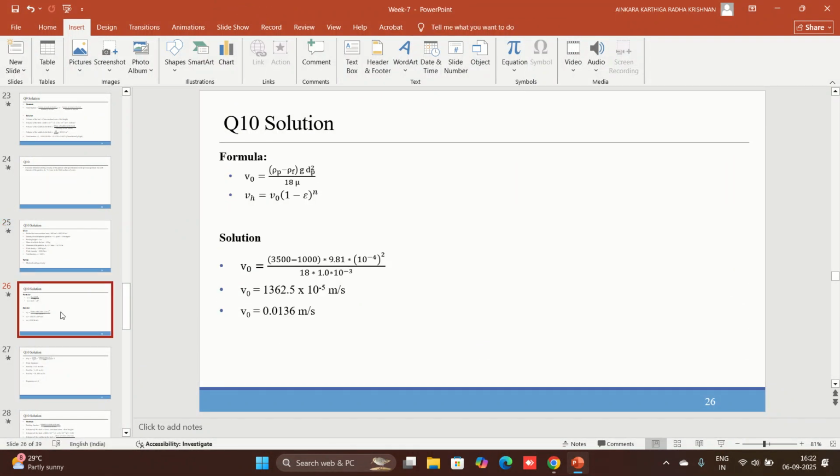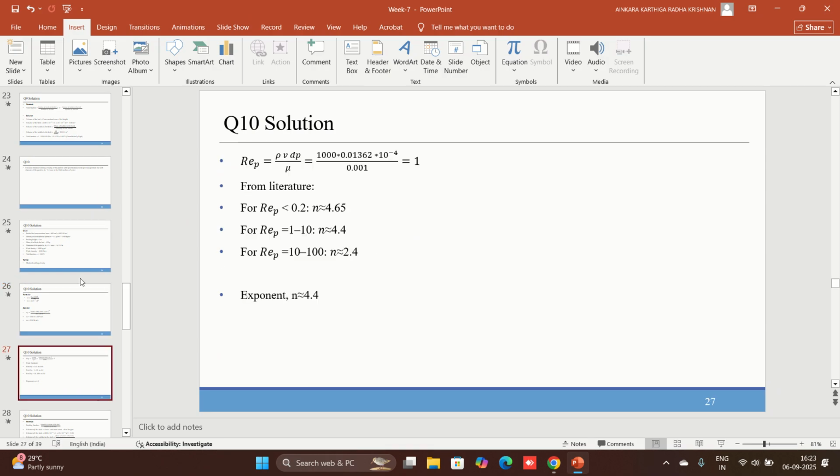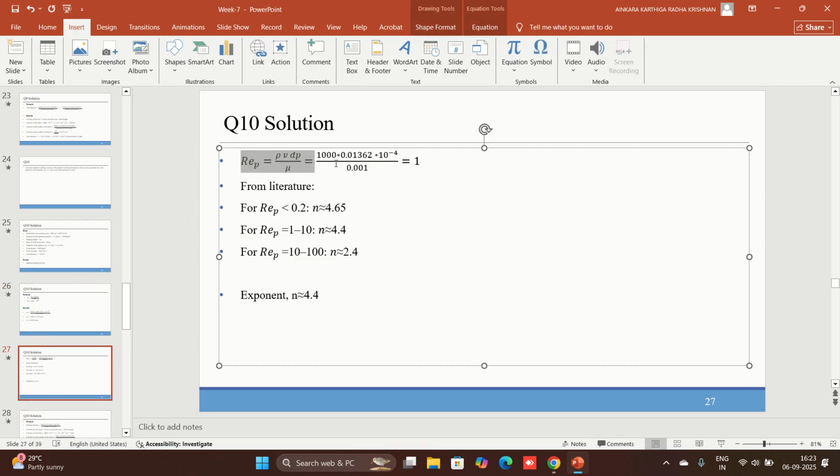So V naught is 0.0136 meter per second. And for finding n, we need to calculate the Reynolds number. So Reynolds number is rho v dp by mu. So rho is 1000 and v is 0.0136.